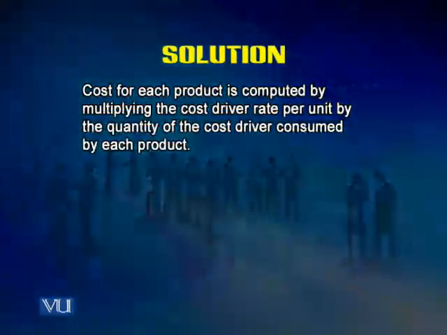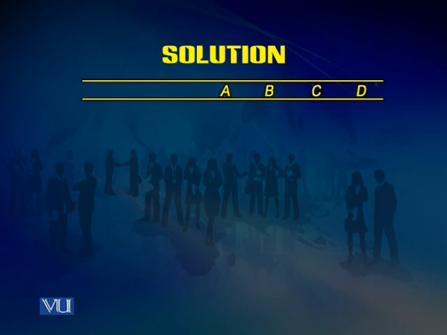Now we will see, by using this cost driver rate, we can allocate the cost of the overhead to the product. Cost for each product is computed by multiplying the cost driver rate per unit by the quantity of the cost driver consumed by each product. The 4 products are A, B, C, and D. Prime costs, everyone will remember what prime costs are. This is direct labor and direct material.